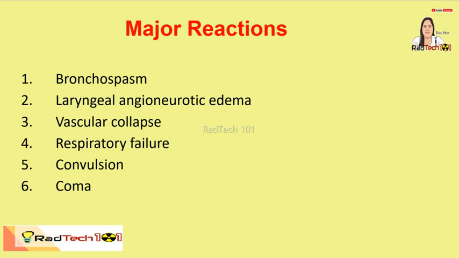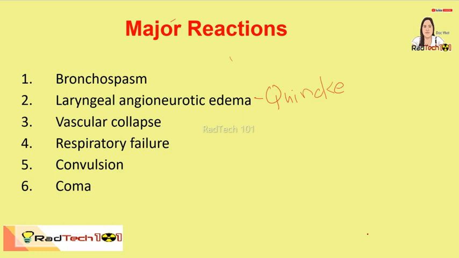So this angioneurotic edema can also be referred to as Quincke's disease. It is a well-localized edematous condition or swelling condition that may involve deeper skin layers, subcutaneous tissues, and mucosal surfaces of the upper respiratory and GI tracts.